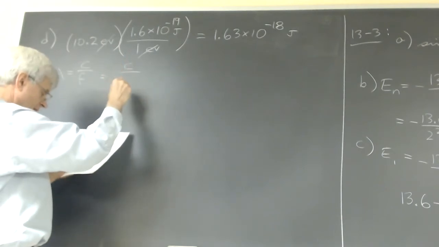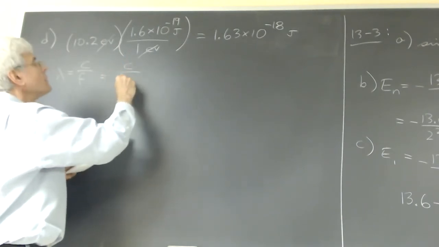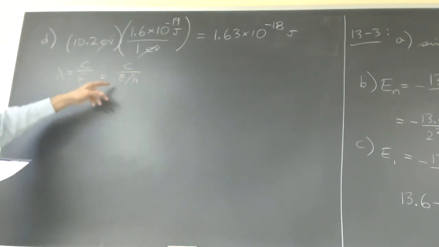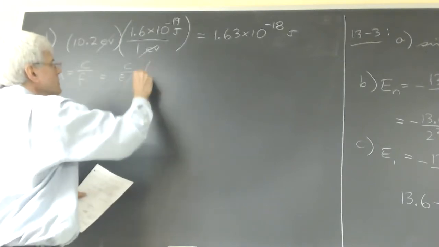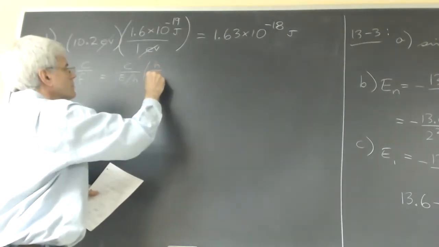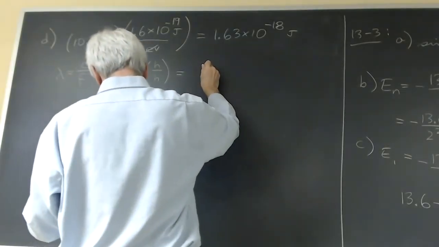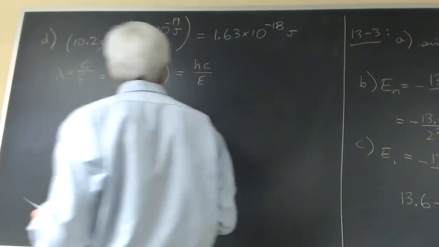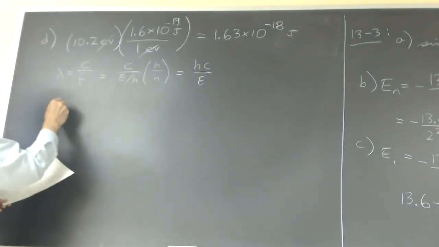From E equals hf, if E is equal to hf, f is equal to E over h, which, if you simplify it, is hc over E. Drop in the numbers and we'll have the answer.